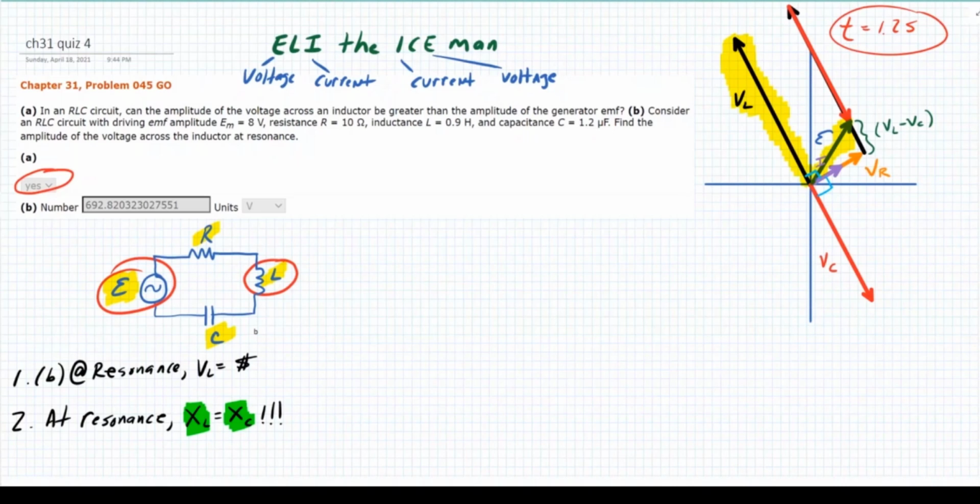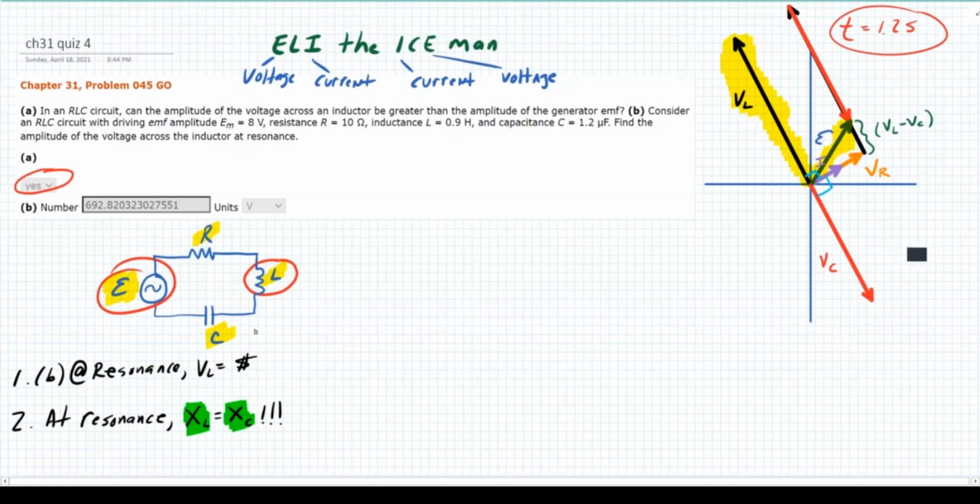So up here, what happens if I divide through by I, the circuit current? If I divide everything by I, here's the equivalent phasor diagram.